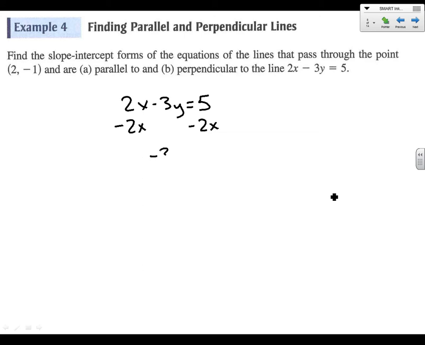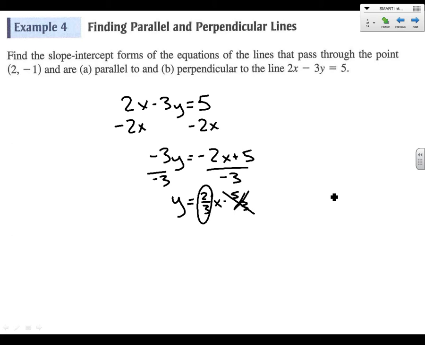I'm going to subtract this away and divide by negative 3, and I end up with y equals 2/3 x minus 5/3. I don't really care about the intercept because I care about the slope of the original line. Now I know that m equals 2/3.